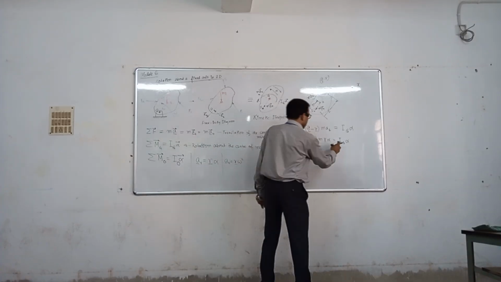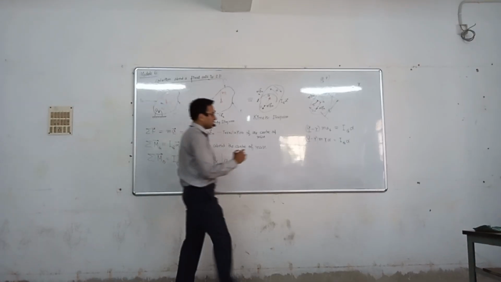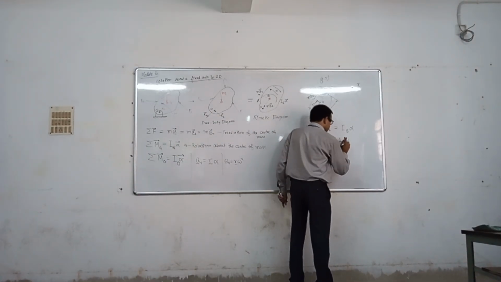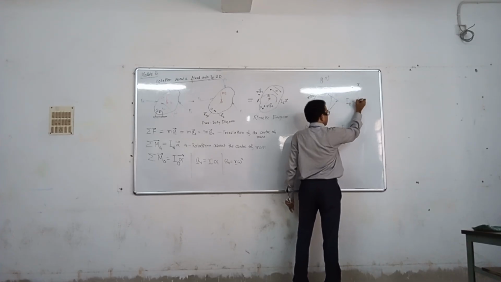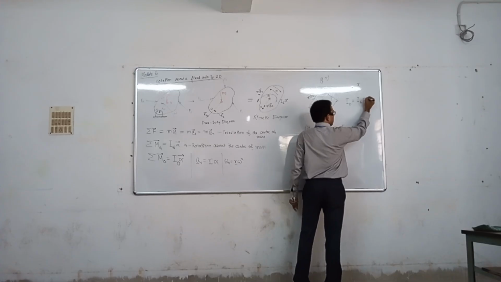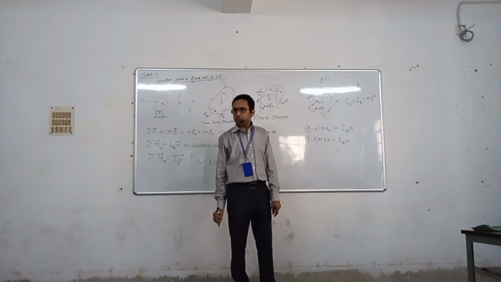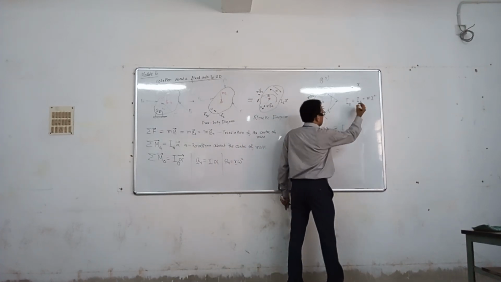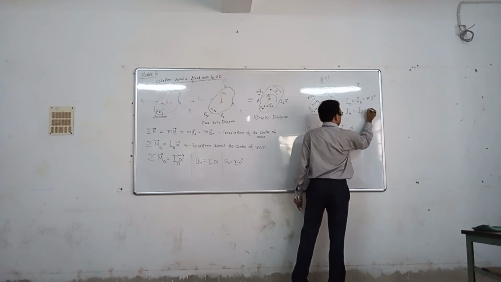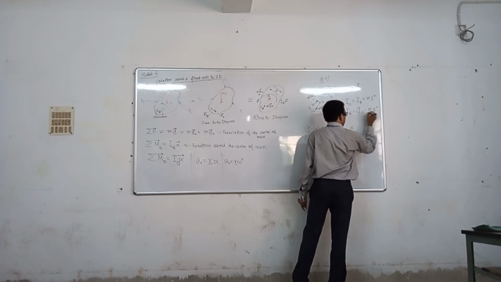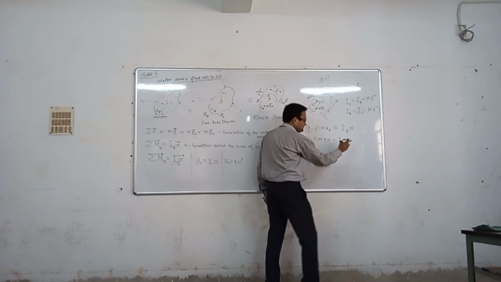Okay. Now again, by using the parallel axis theorem, IO is equal to Ig plus M r bar square. By using parallel axis theorem, I can write this. So Ig is equal to IO minus M r bar square. Now alpha will cancel from both sides.